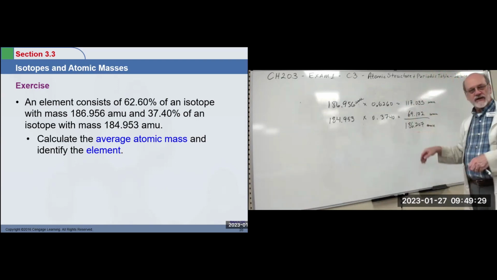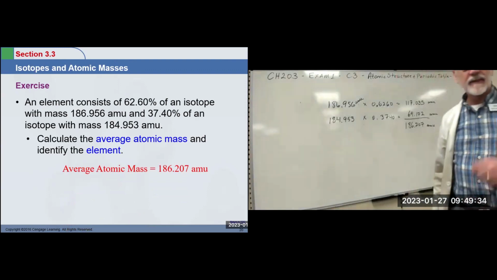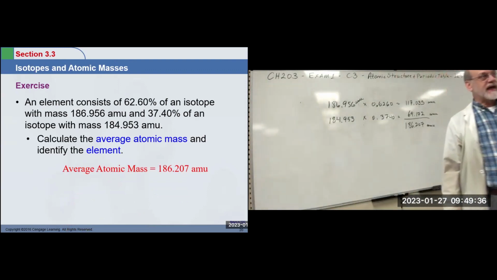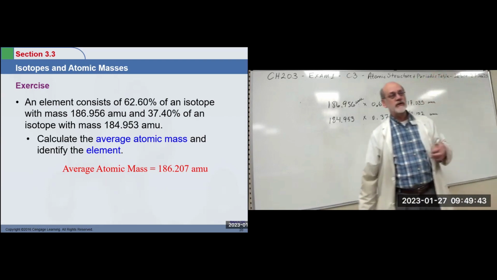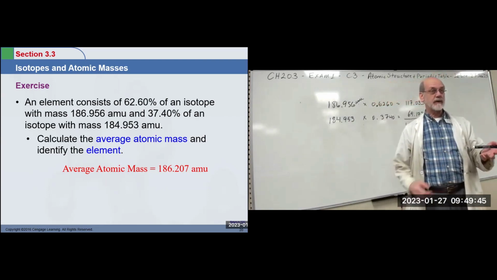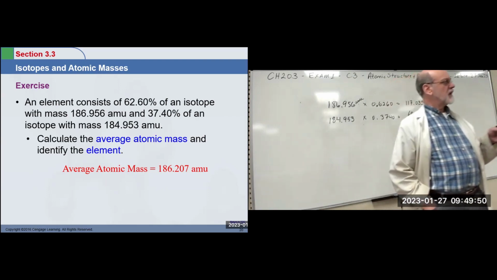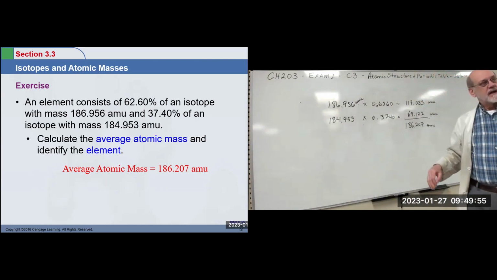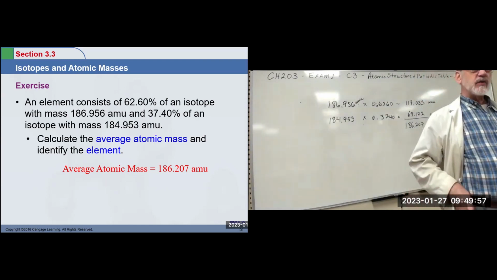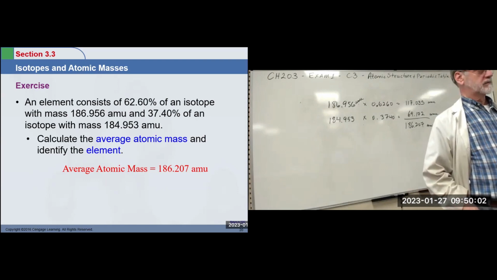So now that we know this value, can we identify the element from that value? Up to this point, we've only identified elements with the atomic number of protons. But as it turns out, this atomic mass is not unique, but close to unique for each of the elements also.